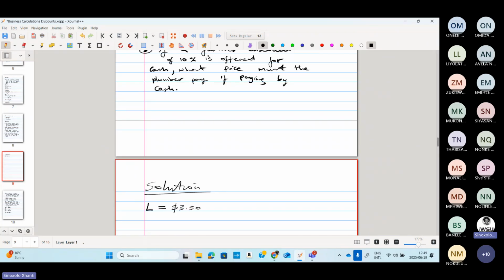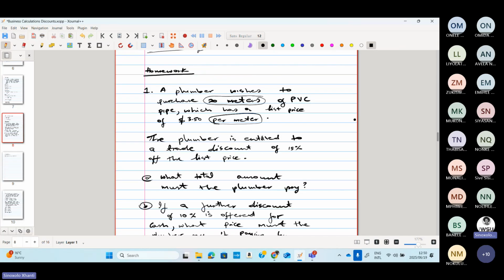So we multiply this by 20, which is equal to, let me grab my calculator. Sorry guys, this one does not have a calculator by itself. So I multiply by 20. So this one is going to be $70. Of course, 0 cents there. So that is the list price.